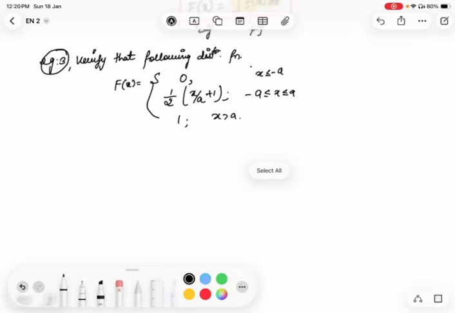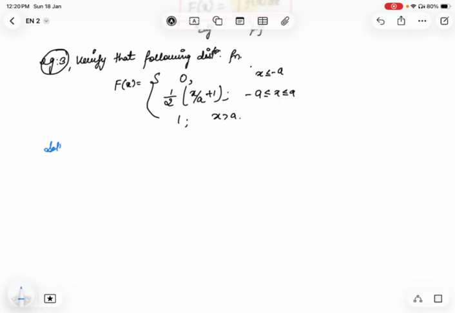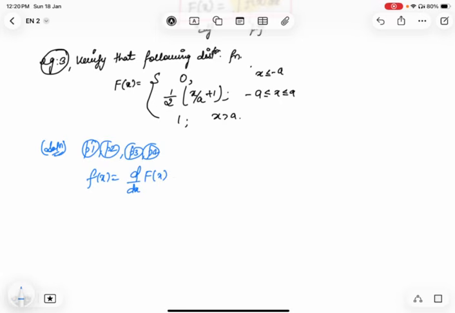I will choose blue for the solution. So what do we have to do? We have to satisfy property 1, property 2, property 3, and property 4, which I have discussed earlier. So first of all, calculate f(x). How will you calculate f(x)? Take the differentiation of this. So 1 by 2 into the differentiation of (x by a plus 1), that is 1 by 2 into 1 by a, plus 0.